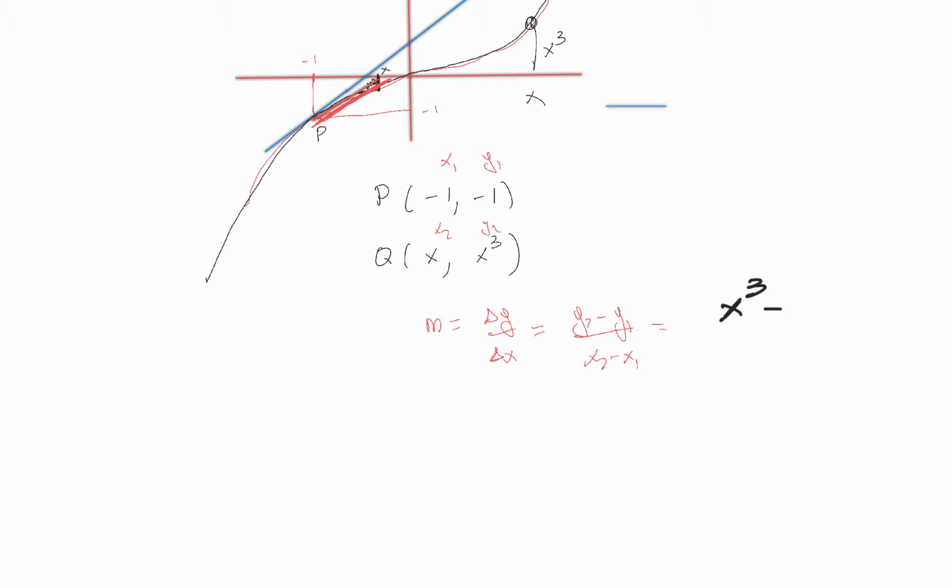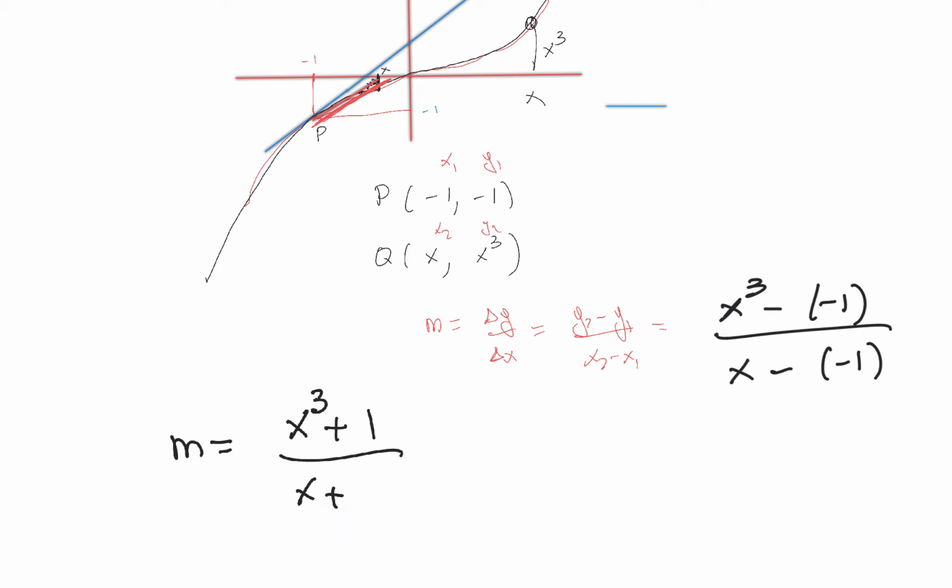What is y1? It is minus 1. What is x2? x2 is x. What is x1? It is minus 1. So the slope m is x cubed plus 1 divided by x plus 1.